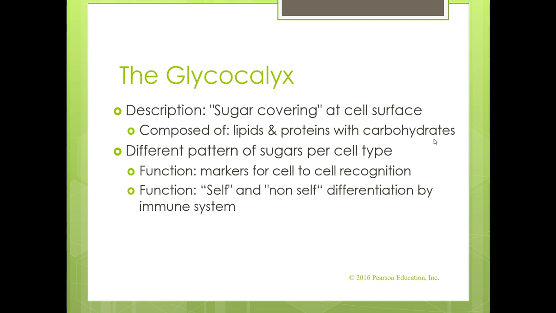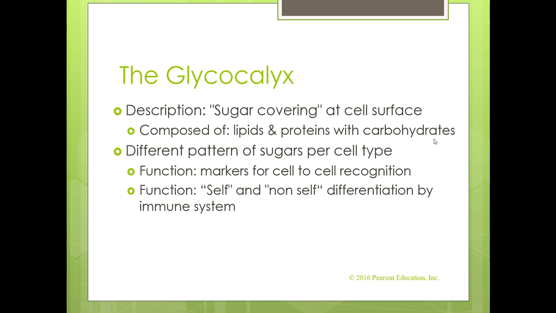But this very specific pattern, and mine would be different than yours, allows cells to recognize each other, and also allows our body to say, oh, hey, all of these cells belong to me, as opposed to, oh, those cells don't belong to me. That's foreign. That's not self. And so maybe that's something that we need to get rid of, a bacteria, a virus.